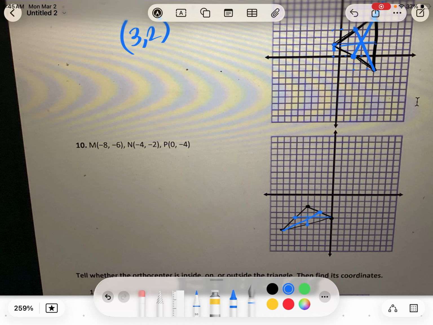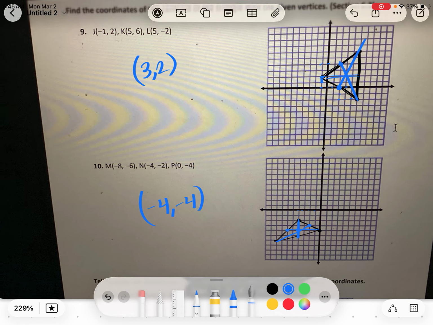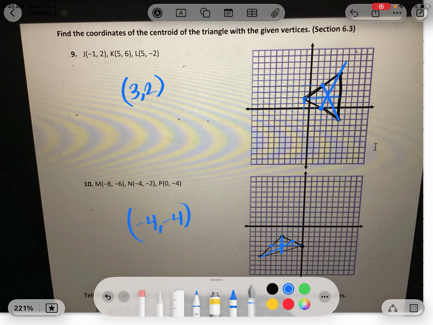There's a dot. Now this one doesn't look like it's here, but it is. It's supposed to be right here. So it's over 1, 2, 3, 4, down 1, 2, 3, 4. Okay, so that's finding the centroids.